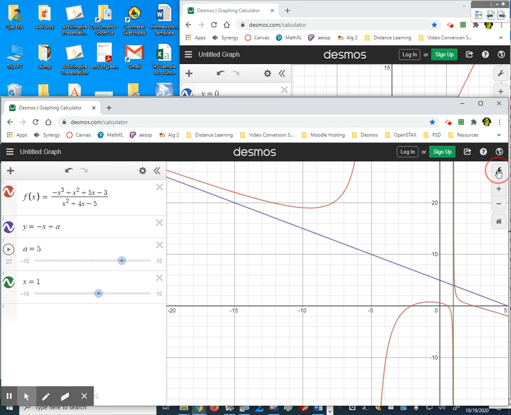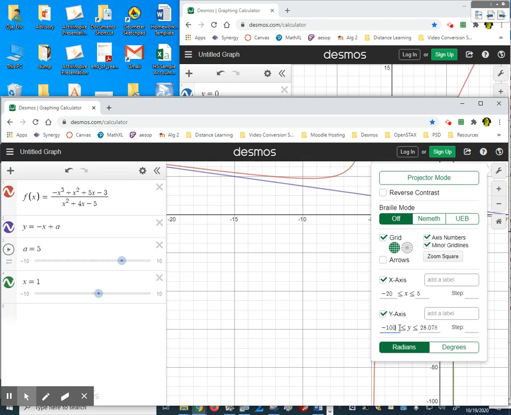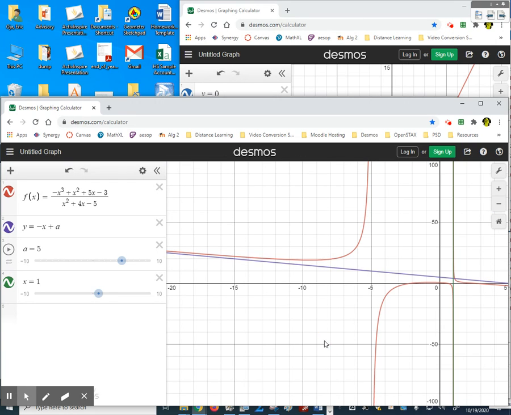And let's have the y-axis get really big, negative 100 to positive 100. And now we can see that axis. We can see that 5 is the right answer, isn't it? Or negative 5.